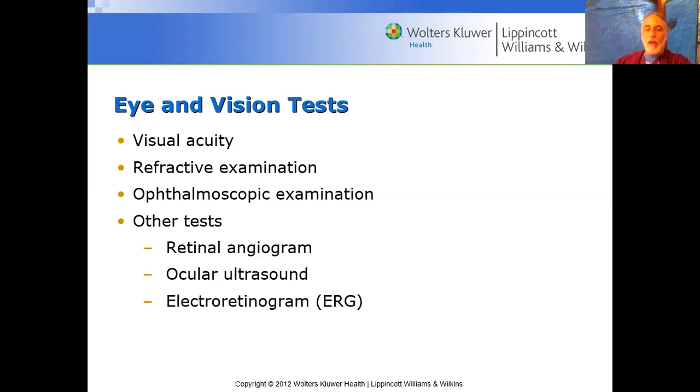Okay. Ocular ultrasound. So a retinal angiogram, using radiation to see these, an ocular ultrasound using sound waves to give a picture of the structures of the eye. And then electroretinogram, we're looking at the electrical activity that takes place in the eye.